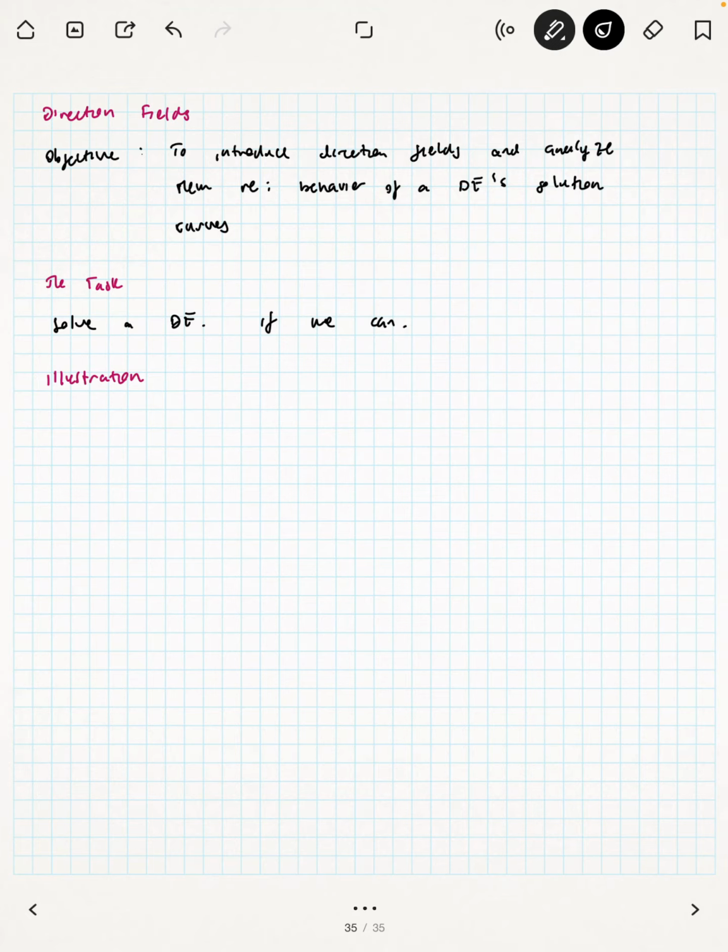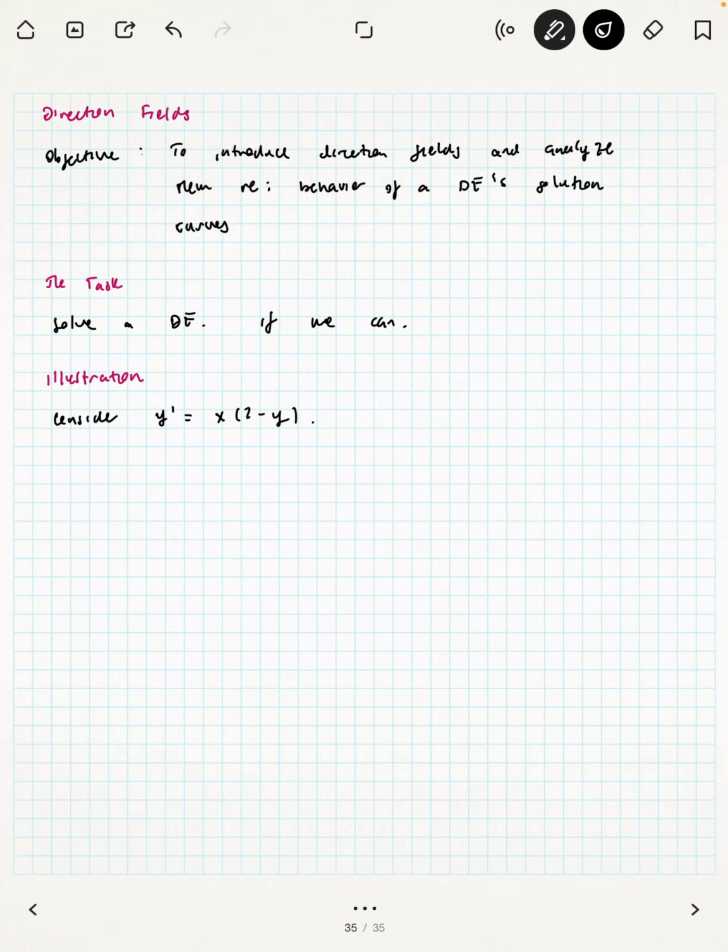And I want to illustrate what they are with an example. So we're going to consider the DE y prime equals x times (2 minus y), okay? Now, there are ways of solving this that are not super complicated, and we can find the solutions in a different course. But for now, we're not going to get an analytic solution.